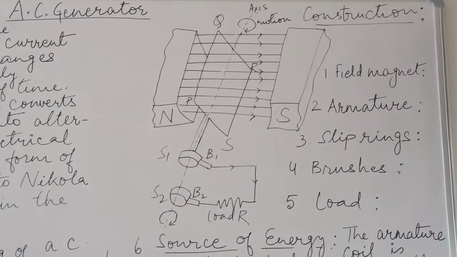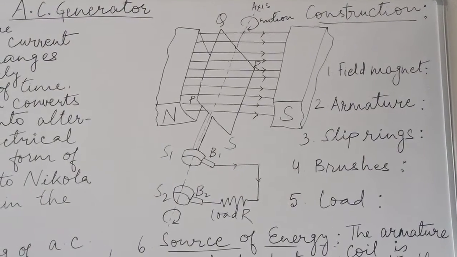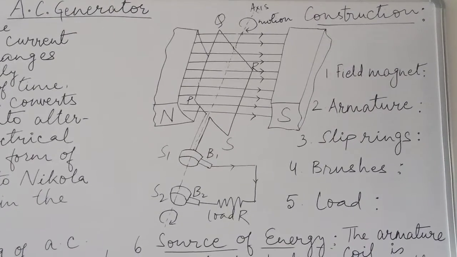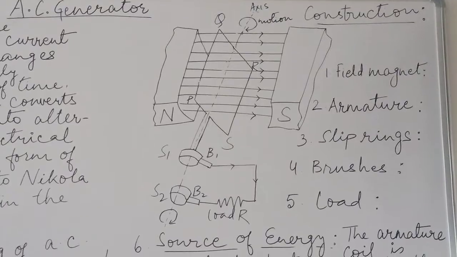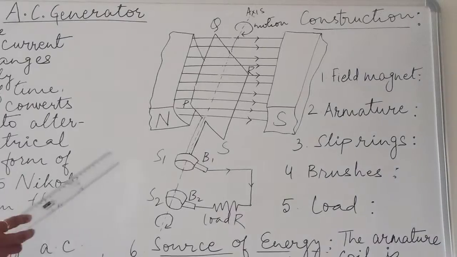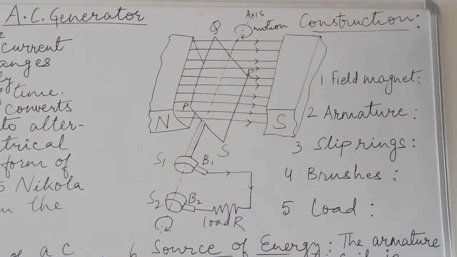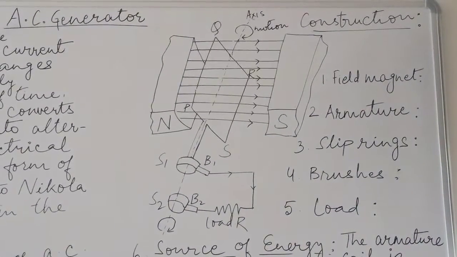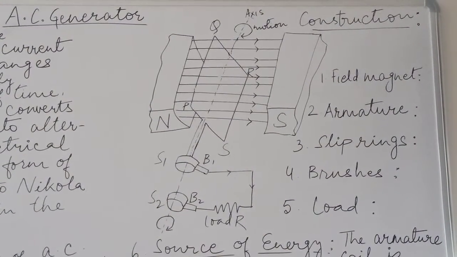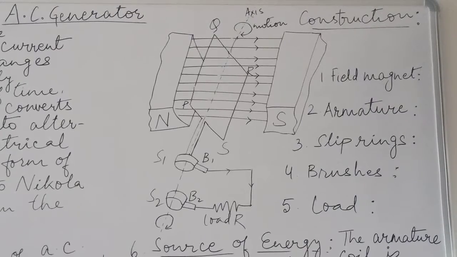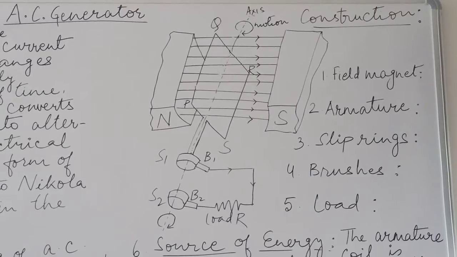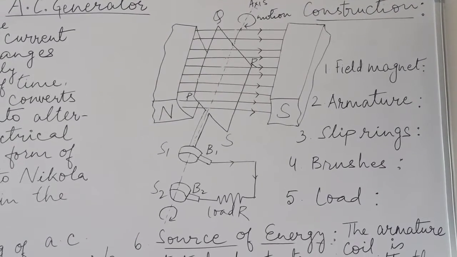The brushes B1 and B2 remain fixed in their positions and maintain sliding contacts with the rotatable slip rings S1 and S2. It is through these brushes that the current induced in the armature coil is fed to the external circuit by means of line wires.